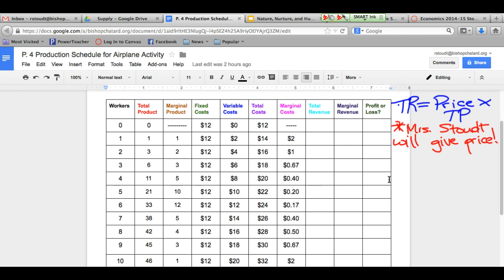It will probably be up here somewhere in the directions, where I will say, fill out the following production schedule when the price is $20 or whatever, okay? But I will always give you the price.